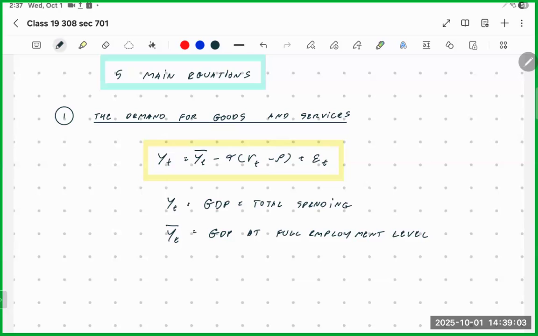Rho is the natural rate of interest. So how are we going to know whether the real interest rate is too high or too low? We're going to compare it with rho. So we have rho just for comparison. And then we have epsilon_t. Epsilon_t is the demand shock. This is the detail of the first equation.